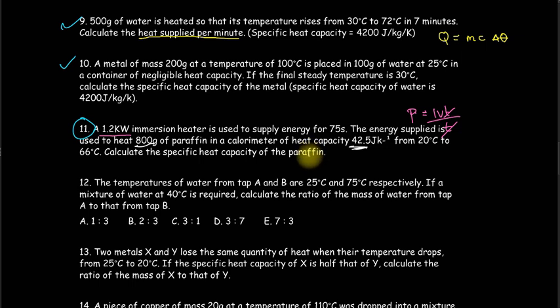So some energy from the immersion heater is going to be lost to the calorimeter before reaching the paraffin. Do you get the point? So how do we go about this? First of all, you have to calculate the heat energy lost to the calorimeter. Then the remaining energy is what will be used for the paraffin.